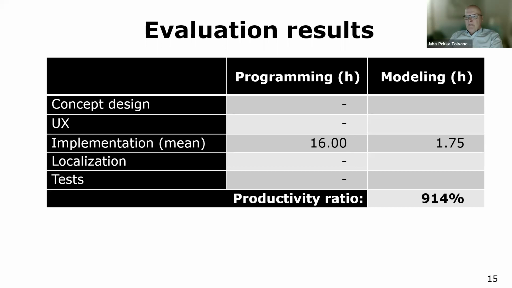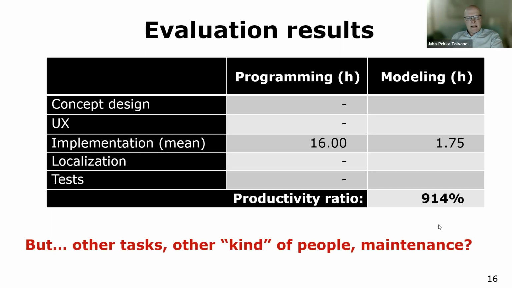But interestingly, if you look at these kinds of figures, you may say, yes, all programmers are using this language. But what if we take the larger spectrum, the whole life cycle of these systems?